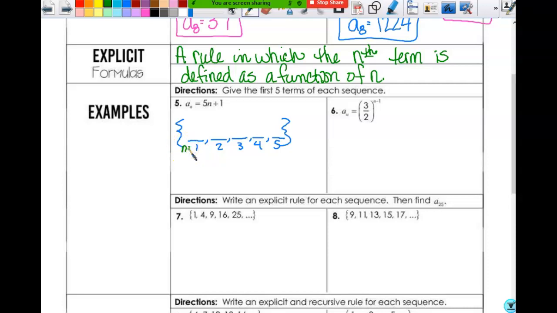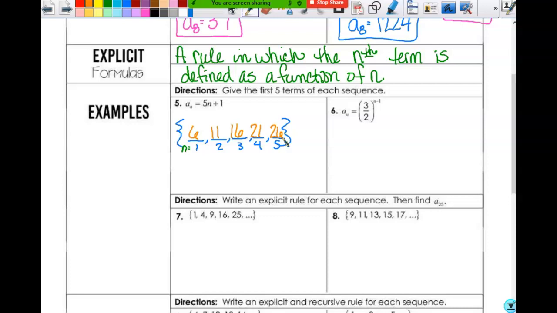So when I substitute them in there, 1 times 5 is 5 plus 1 is 6. 2 times 5 is 10, makes that 11. 3 times 5 is 15, makes that 16. That would make that 21. That would make that 26. Easy enough? So that's my explicit formula, because then I could just substitute in the term number.